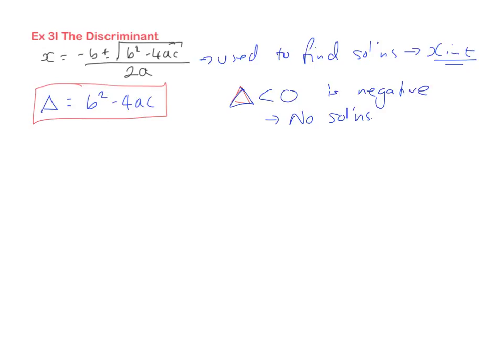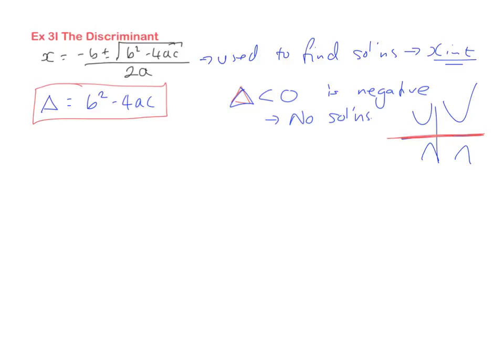So it's got no solution. What that means is our graph is going to be either up here, over here, down here, but whatever the case, it's not going to hit the x-axis. So there's no solutions. Keep that in mind.